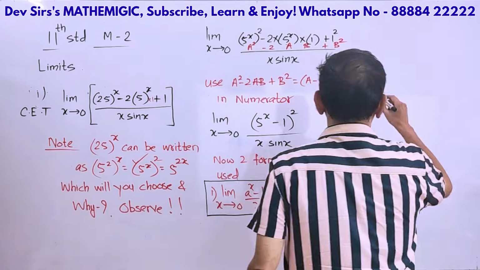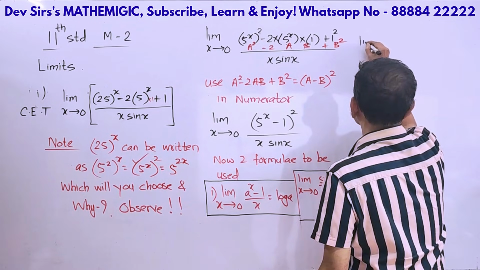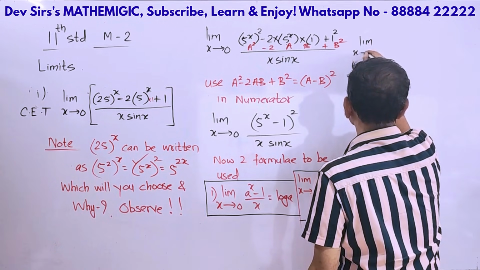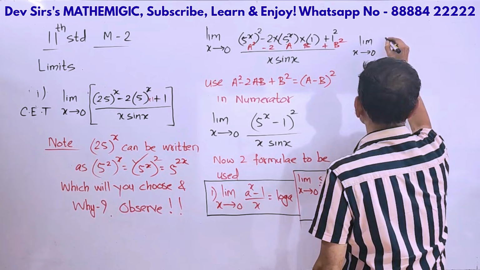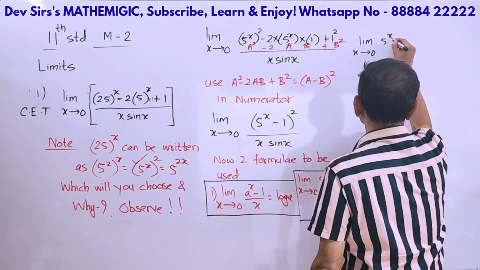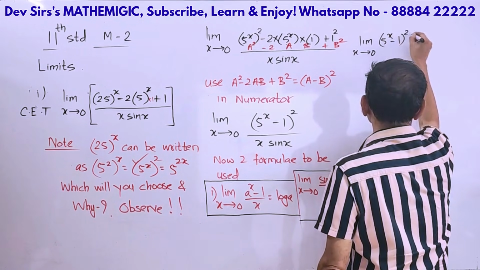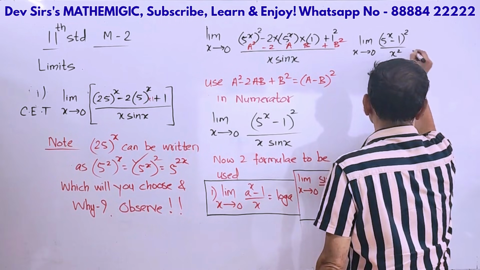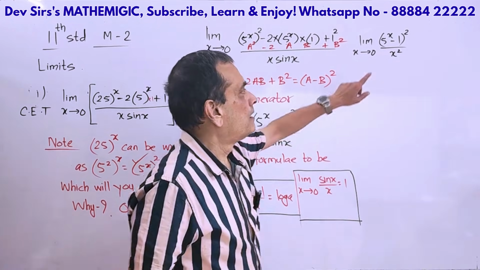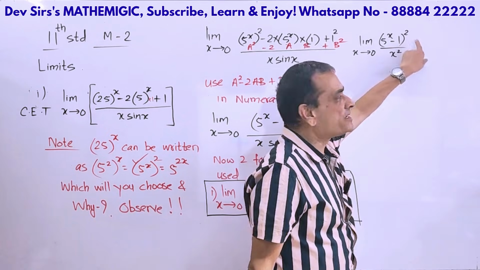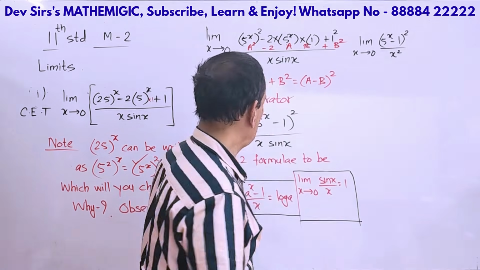Observe. Because square is present, I divided by x squared.